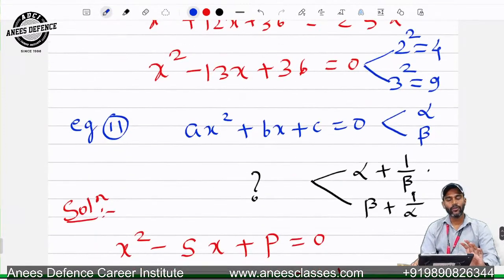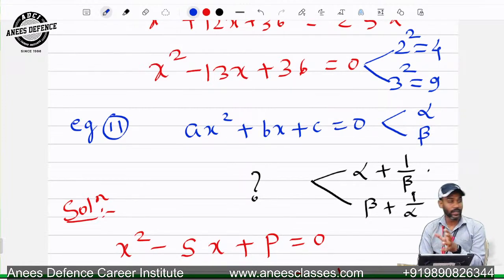So what is the result now? Suppose we have equation ax square plus bx plus c is equal to 0, of which roots are alpha and beta, and we are supposed to find out the equation of which roots are alpha plus 1 by beta and beta plus 1 by alpha. Again symmetrical. In the first root, one root is as it is and the other is reciprocal, and then the second one reverse.